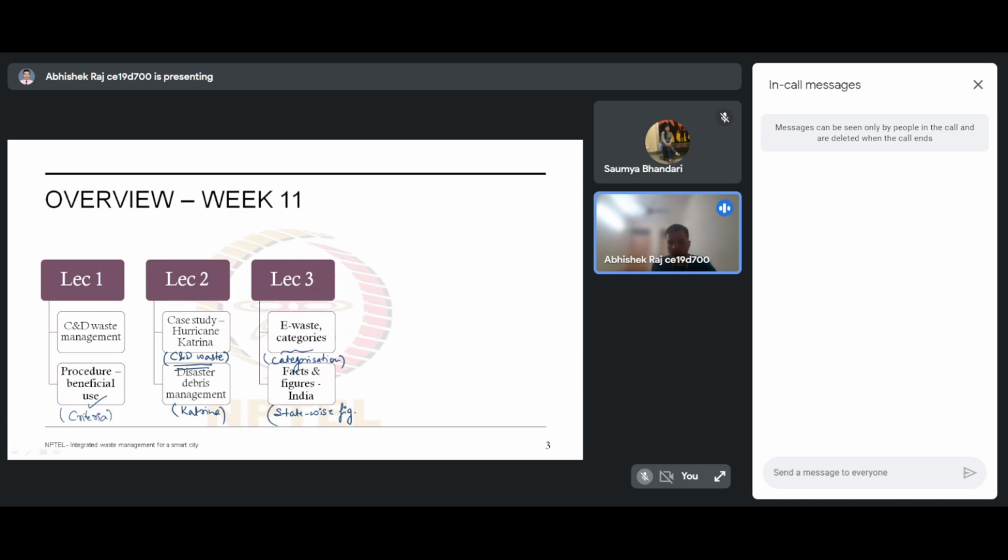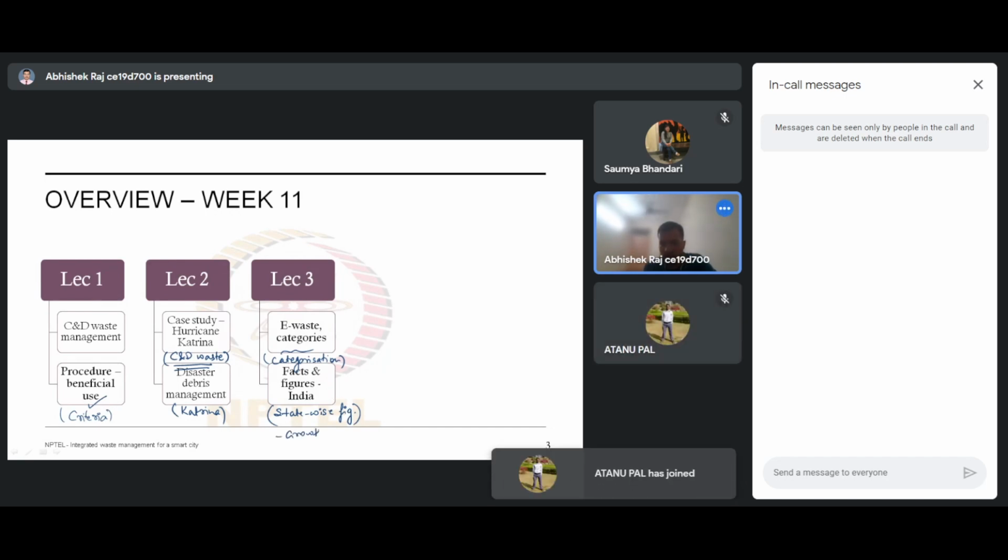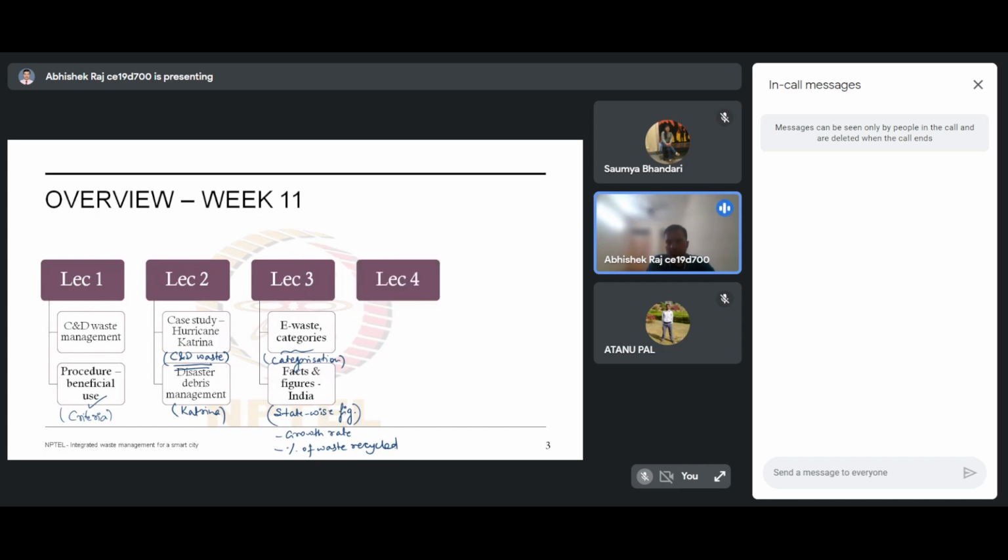Which state produces the most waste, which state produces the least, what is the growth rate of e-waste in India. Then there was also some statistics on what percentage of waste is recycled. And the next lecture we will see why we need to recycle e-waste. So that was in lecture 4.